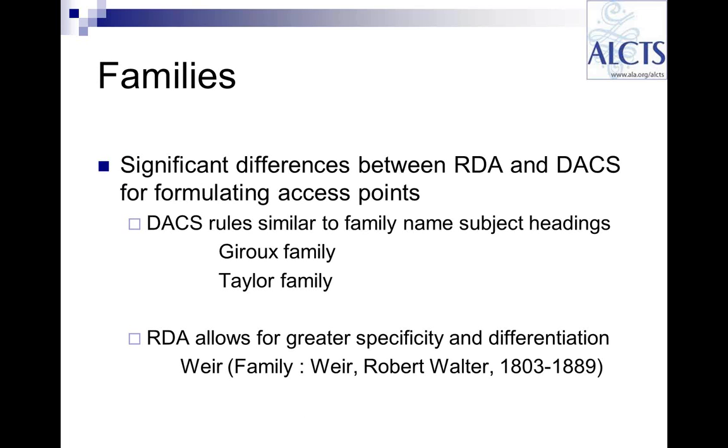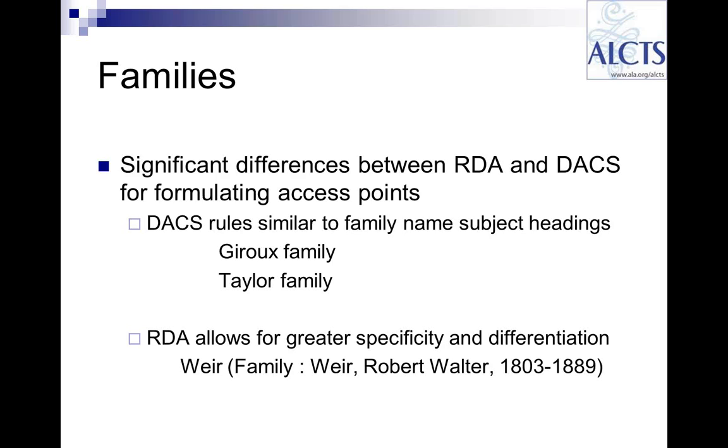And again, one main addition to RDA from AACR2 was the inclusion of families. DACS had previously had its own rules for creating name headings for families, although these were fairly similar to those used by the Library of Congress subject headings, where it would just be the name of the family with the term family added on, so Taylor family in the example there.